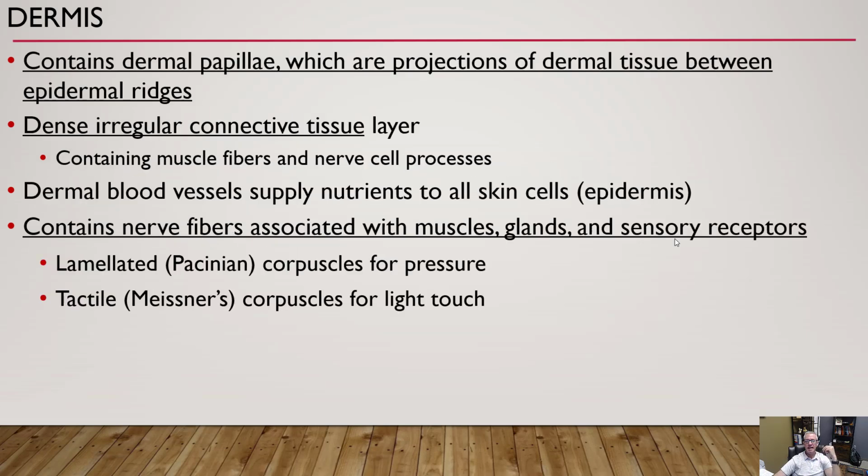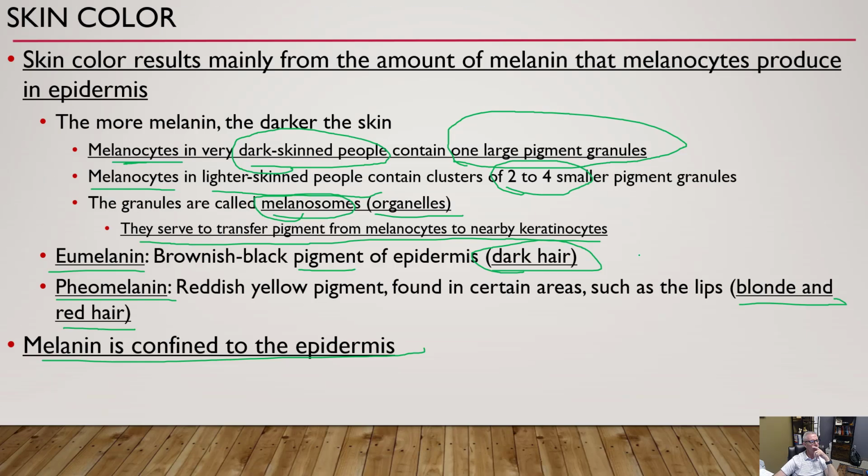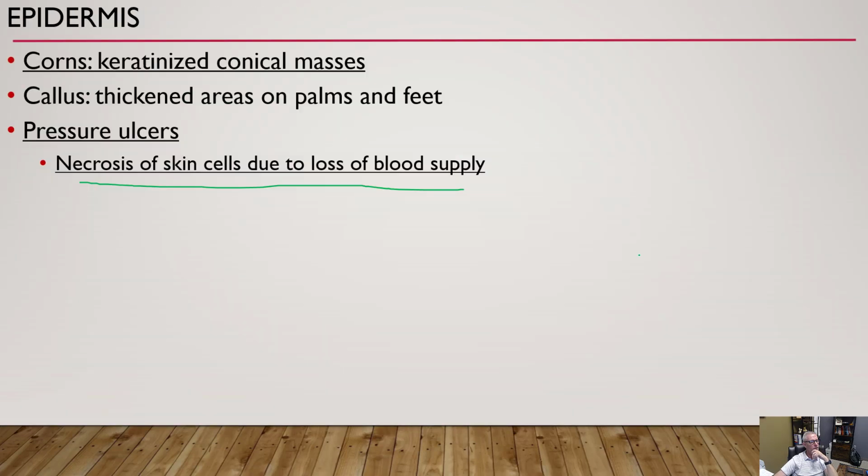All right, it says it contains these dermal papillae, which are projections of dermal tissue between the epidermal ridges. So what is that? Okay, so let's go all the way back up here.